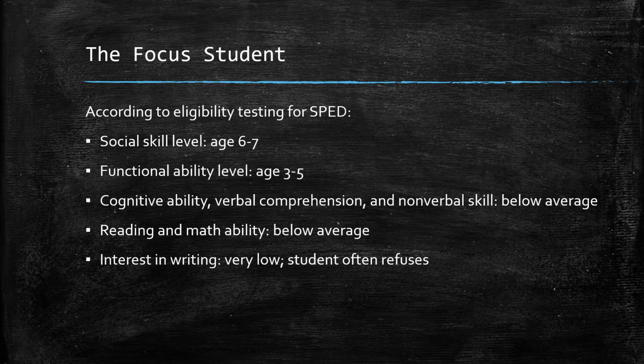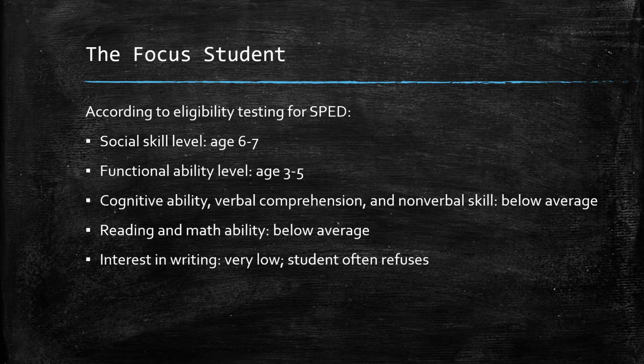The focus student for this classroom is a student who was eligible for special education and related services. For the initial eligibility testing for this student, she scored on social skill level, age 6 to 7. For functional ability level, she was age 3 to 5.